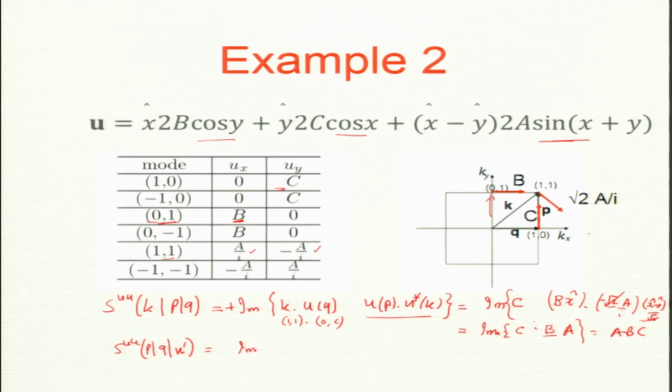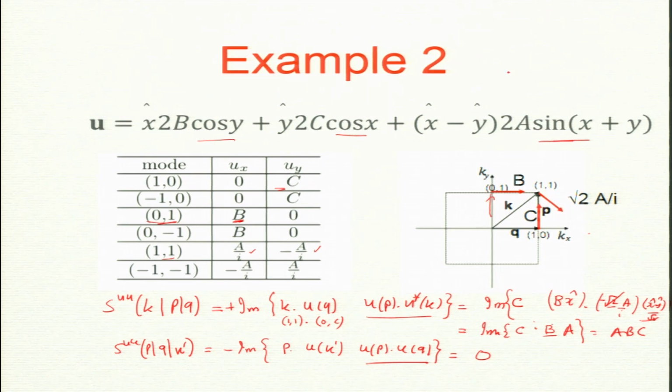Now I want to use this formula: P dot U K prime minus sign, U P dot U Q. What is U P dot U Q? It is 0, because U P and U Q are perpendicular. So, this is 0.